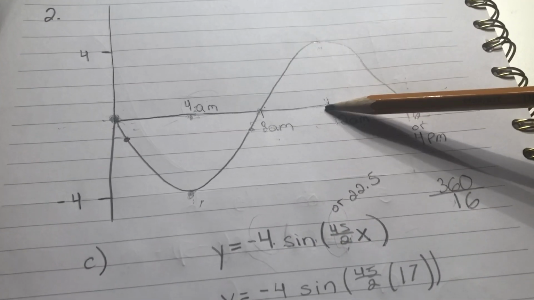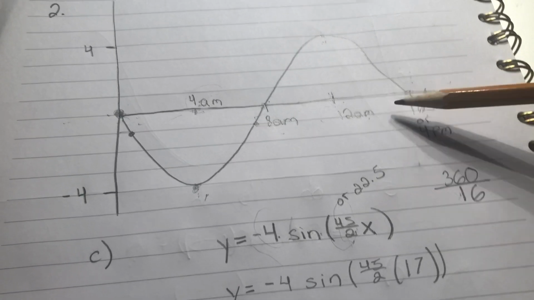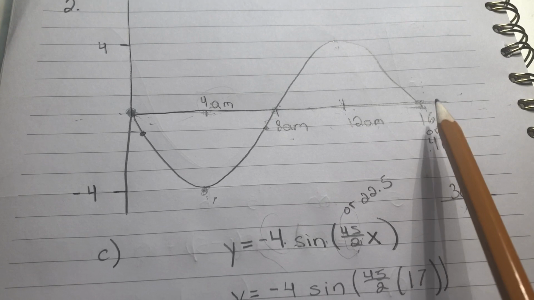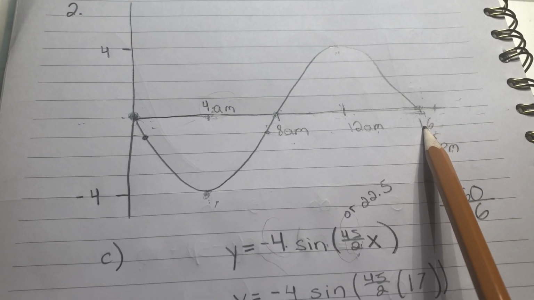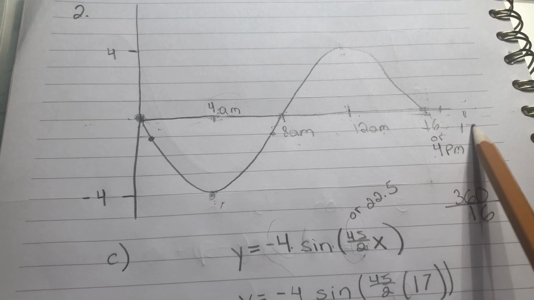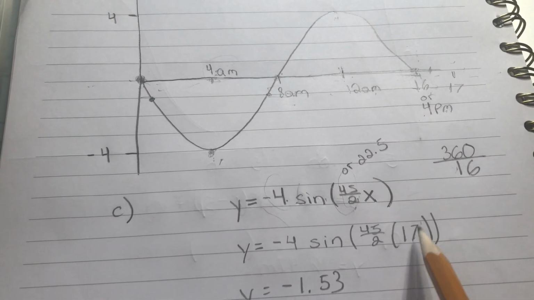So how far is the tide at 5 p.m.? What it means by that is this is at sea level, so how far from sea level is the tide at 5 p.m.? Okay, we know at 4 p.m. it was 16. So 5 p.m., thinking back to military time, would be 17. So it's going to be 17 hours after midnight.